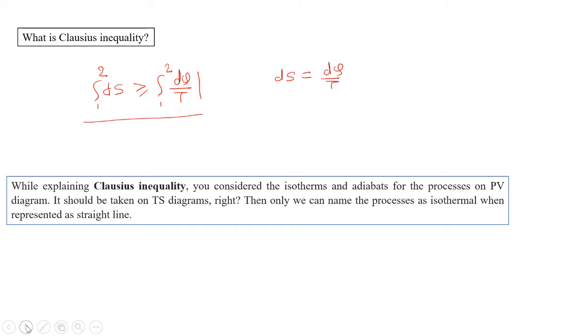So, the part which I was explaining in the class should be taken in the perspective that the isothermal line is a line with lower slope than the adiabatic line, and the two adiabats should not intersect with each other, and then that would give us the idea of Clausius inequality.